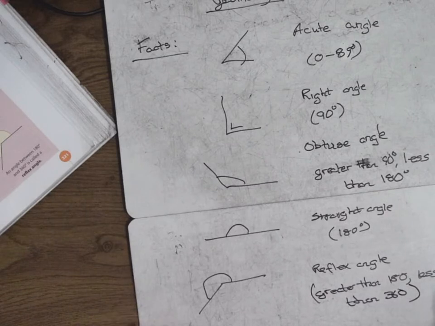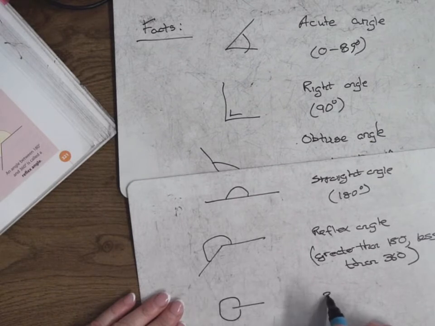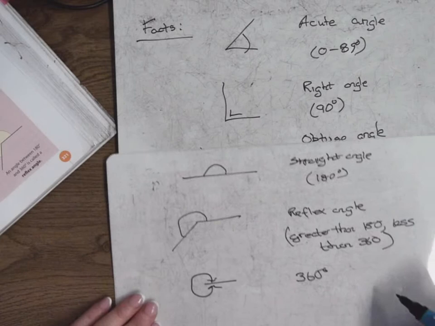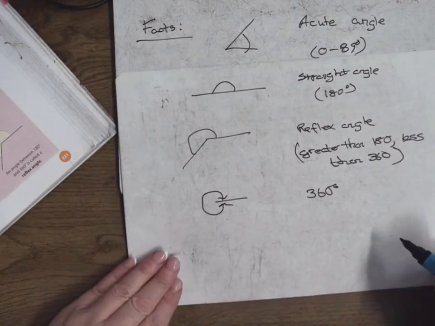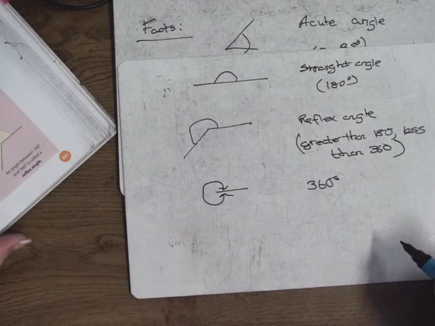And finally, a full circle is 360 degrees.